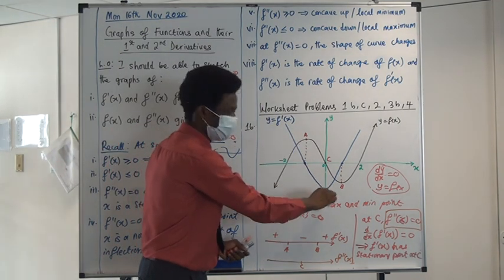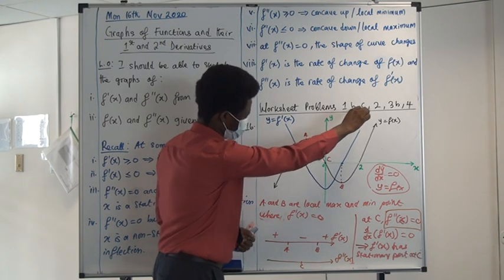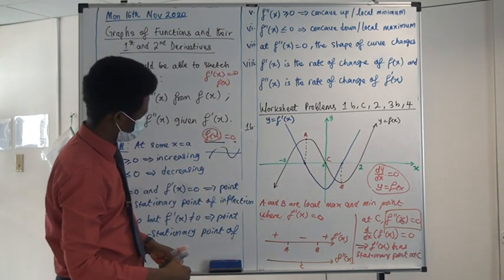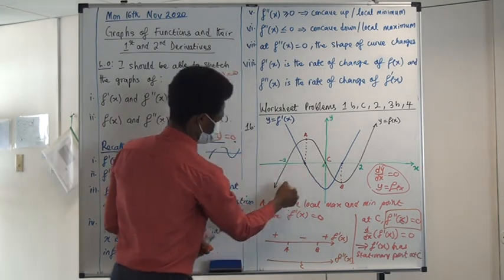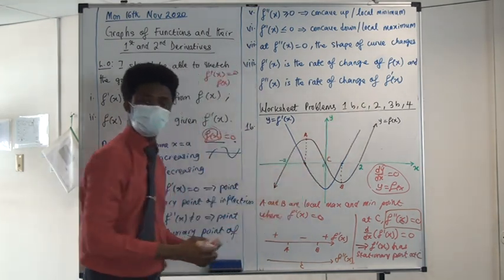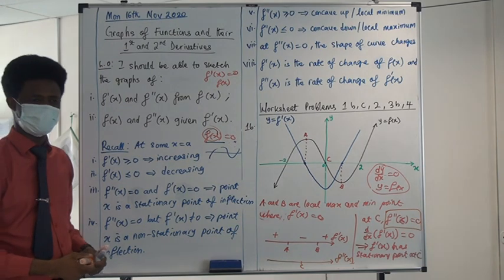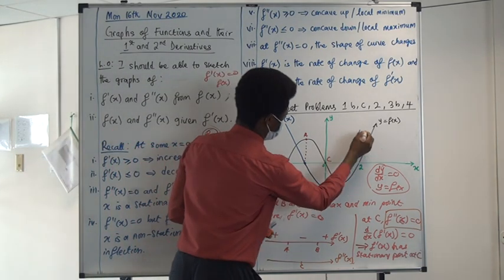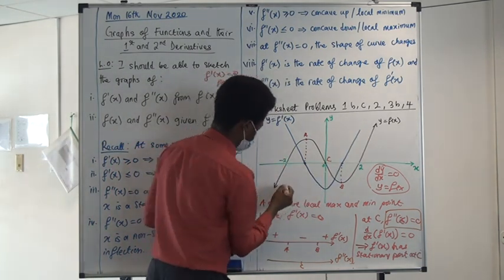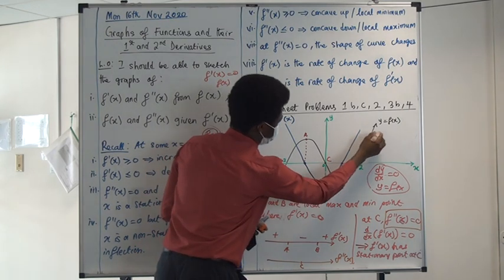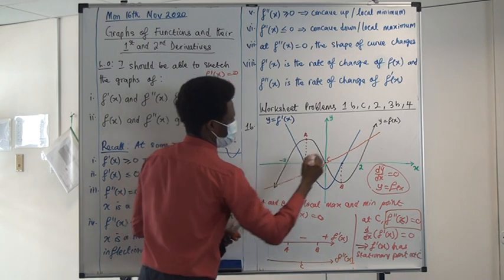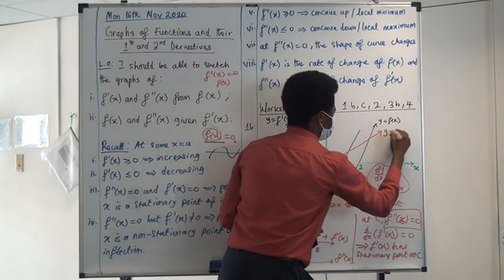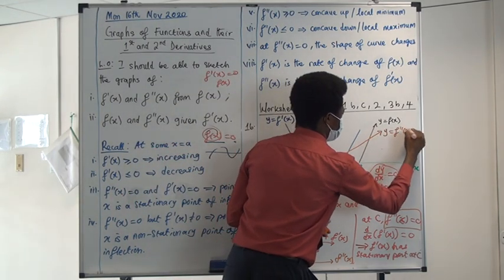Negative gradient here, positive gradient here. Which means from this point you have below, from this point you have above. So our last line will go this way. Hope I have not missed anything out. So this will be the graph of the second derivative.